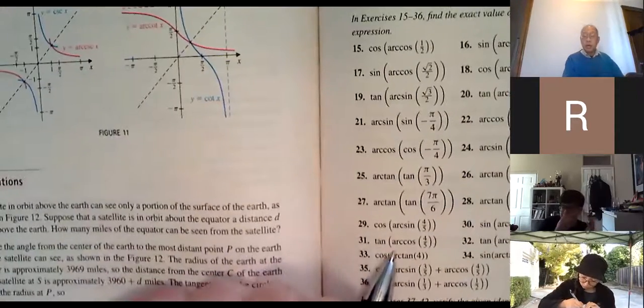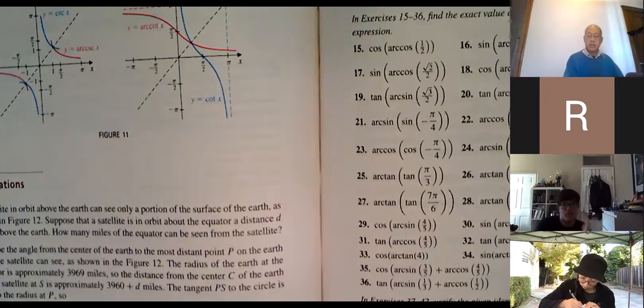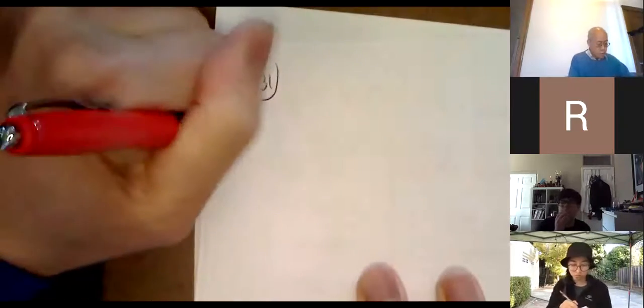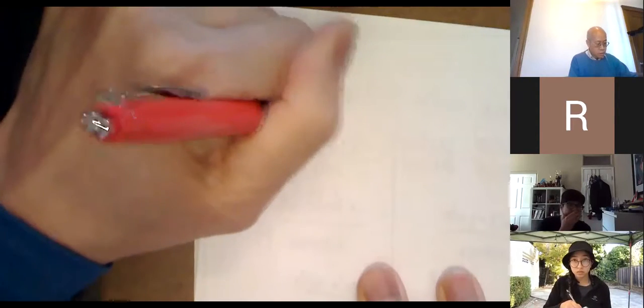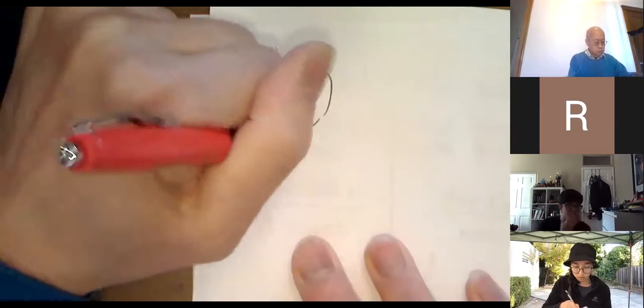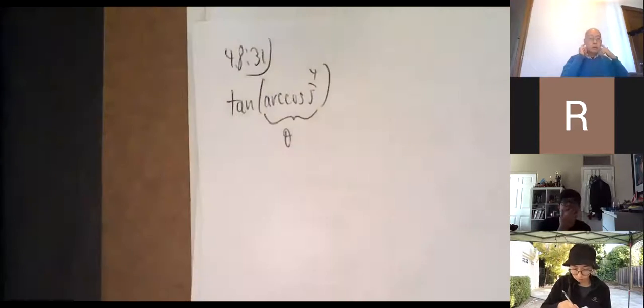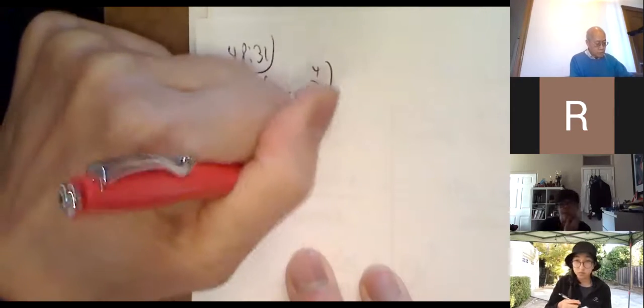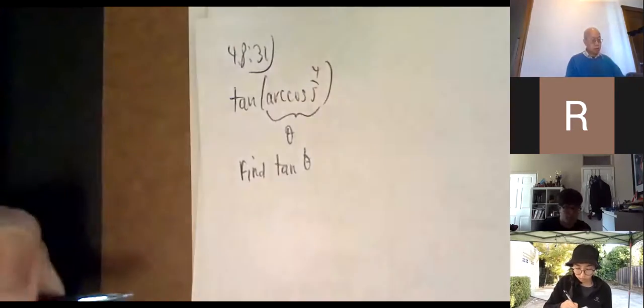4.831. Tangent, arc cosine of 4/5. Okay, same thing. It's using the triangle stuff. Call that theta. So ultimately, I'm trying to find tangent of theta.